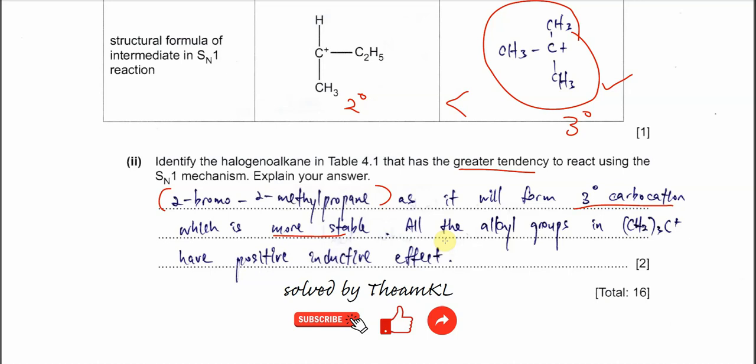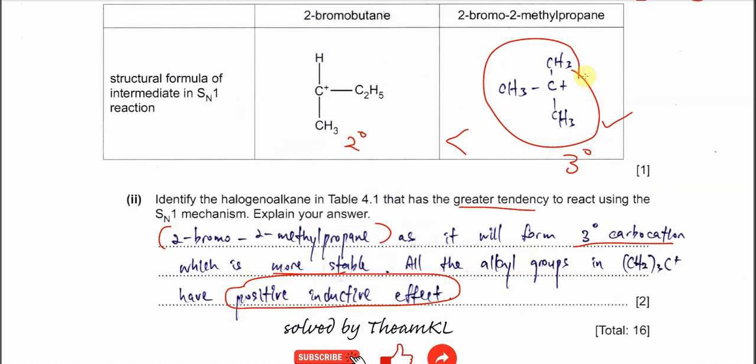Because the carbocation is bonded to 3 alkyl groups. And these 3 alkyl groups have a positive inductive effect. So what is the positive inductive effect? Because the alkyl group has an electron-donating nature, it will push its electrons towards the positive side, which is the carbocation now.